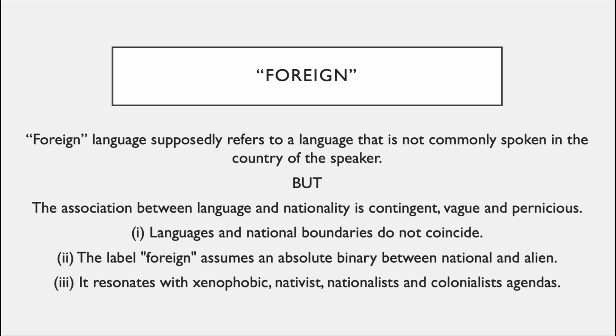Second, the label foreign language assumes an absolute binary between national on the one hand and alien or foreign on the other. This dichotomy resonates with xenophobic, nativist, nationalist, and colonialist ideologies and projects.